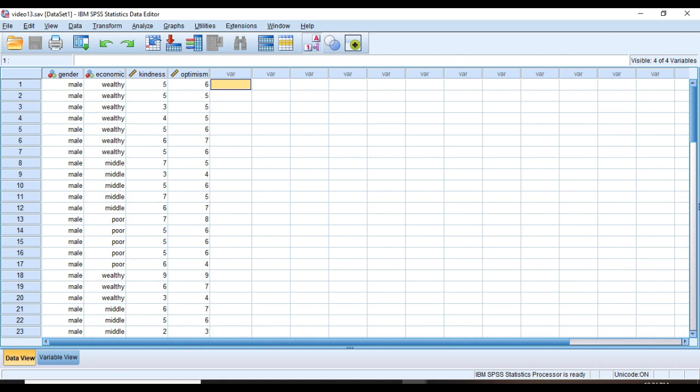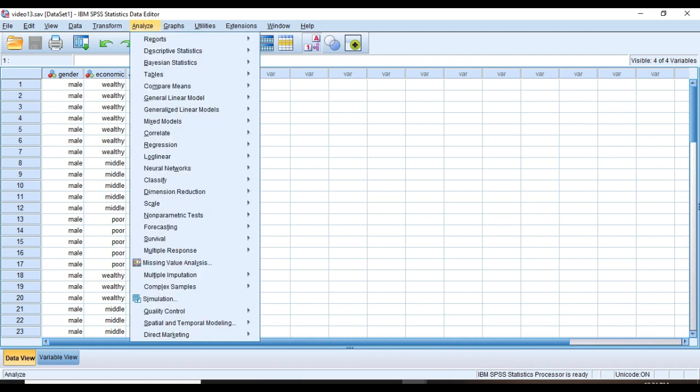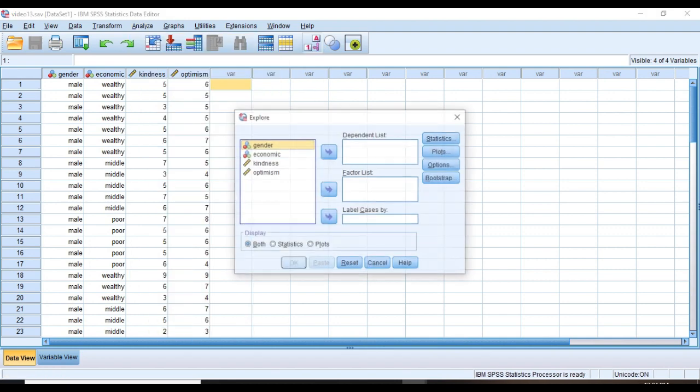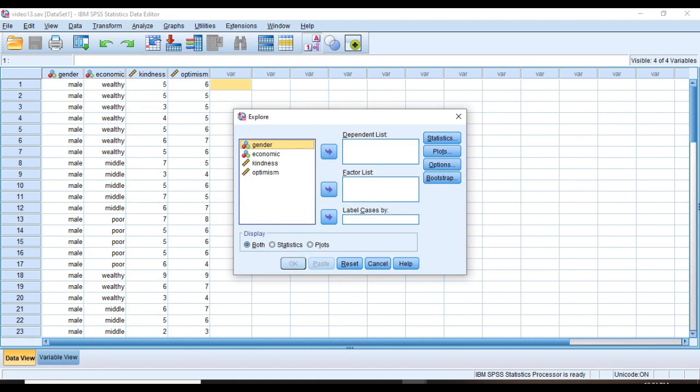We need to check multivariate normality, but there is no direct way to do that, and we can check this using some other options. So we first check for normality of kindness and optimism, the dependent variables, and I'll do that using Analyze, Descriptive Statistics, and Explore.